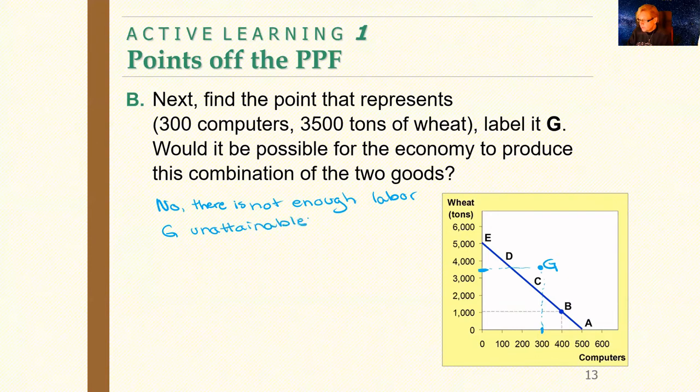And you'll see why in chapter 3 I say that. Okay, so G is unattainable. Only points A through E are both efficient and attainable.